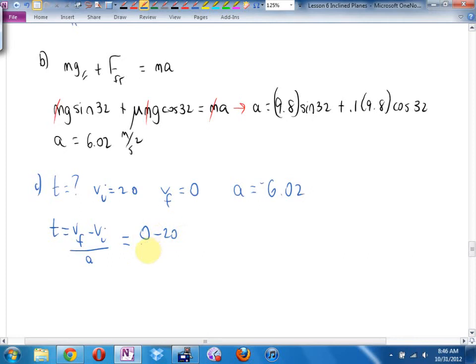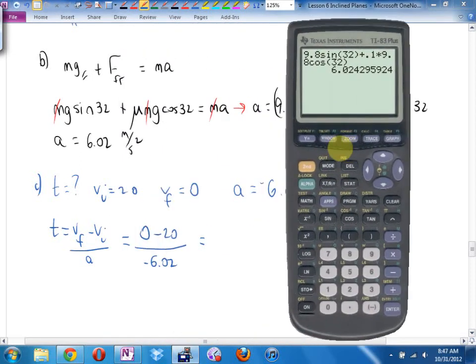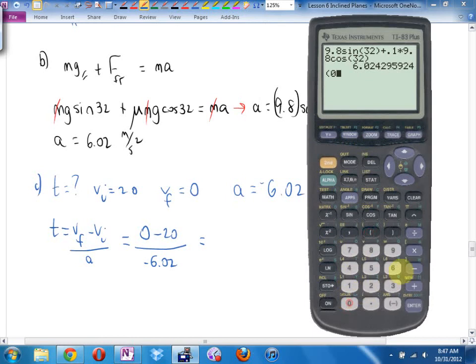The top works out to be negative. So that's why you need a negative on the bottom so that you get a positive time. And now I am going to use the value on my calculator. So I'm going to go 0 minus 20, close bracket, divided by negative button, and then my answer button. That works. And I get a time of 3.32 seconds.